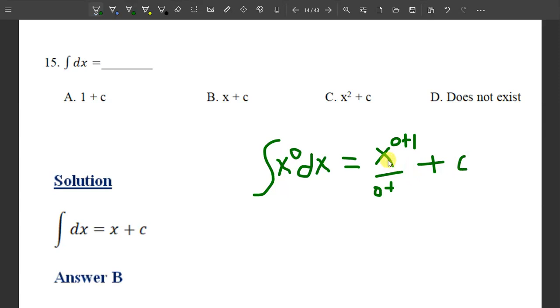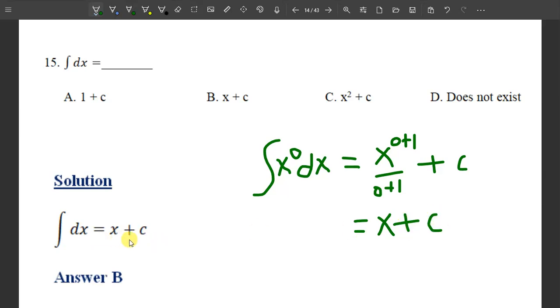Then x to the power of 0 plus 1 means it is simply x to the power of 1, which is x, and therefore the indefinite integral of dx becomes x plus c.